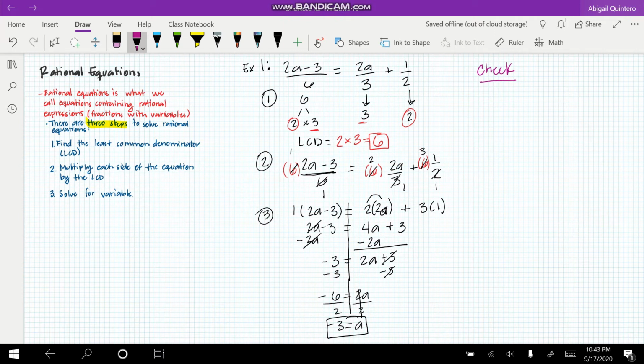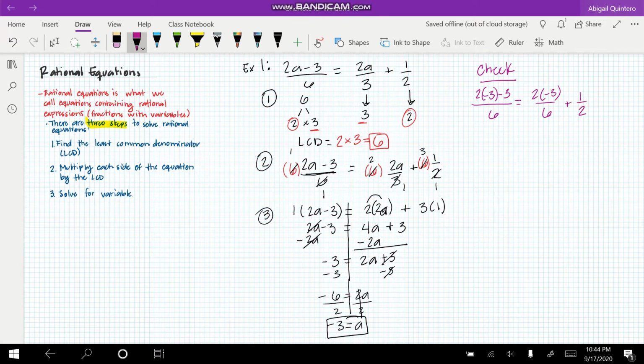So I have 2 times negative 3. Notice how it was 2a before, but now that we have a negative 3 as a value for a, we plug it in. And then minus 3 over 6 equals 2 times negative 3 over 6 plus 1/2.